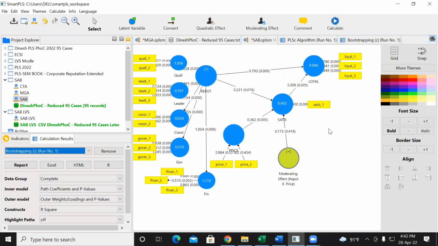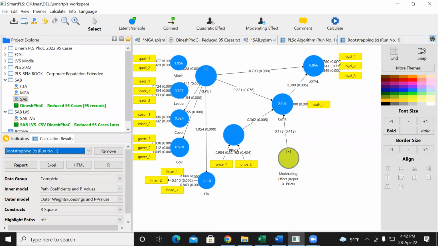No, that's a different thing. Okay, sir. Moderated mediation is a separate thing. But this is an outside mediator, not to the loyalty. It is to a different variable, satisfaction. Okay. Yes, sir. I'm clear with the mediation, sir. Thank you so much.